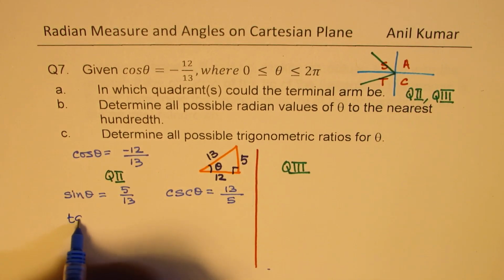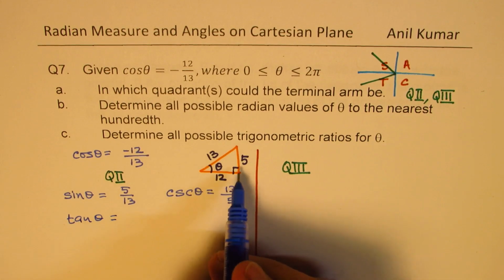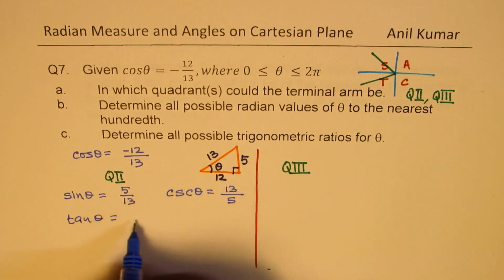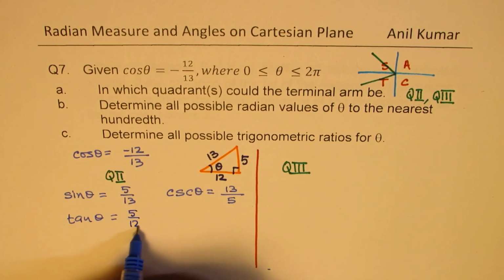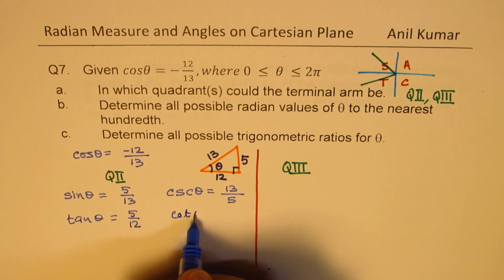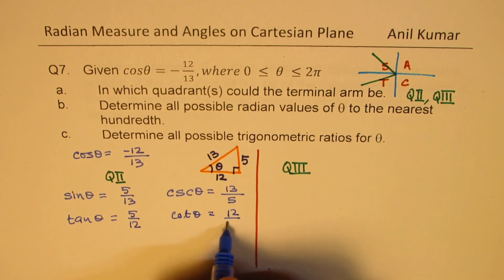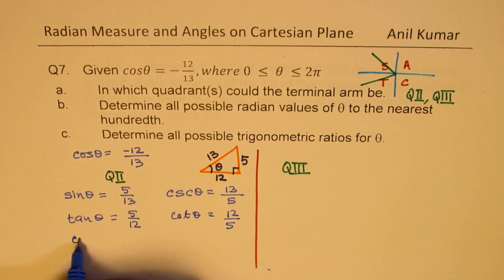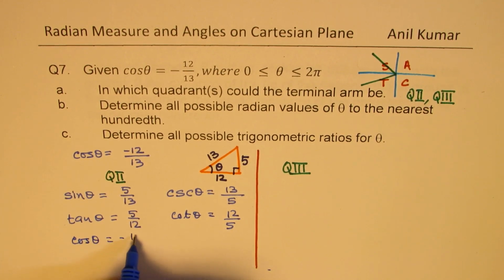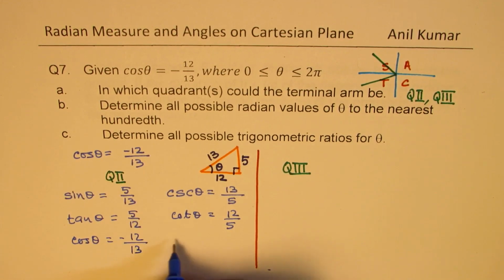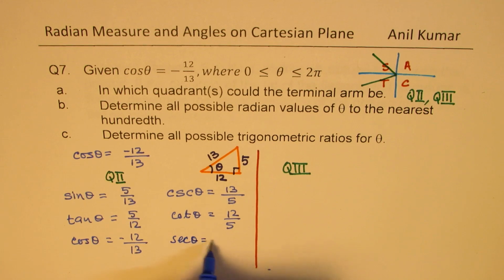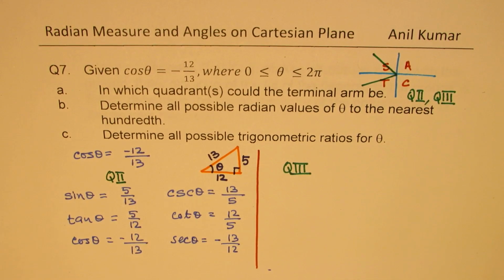Now tan theta is going to be opposite over adjacent, which is 5 over 12, and cotangent theta will be 12 over 5, right? Let me again write cos theta here as minus 12 over 13, and secant theta will be negative 13 over 12, since that is the reciprocal.